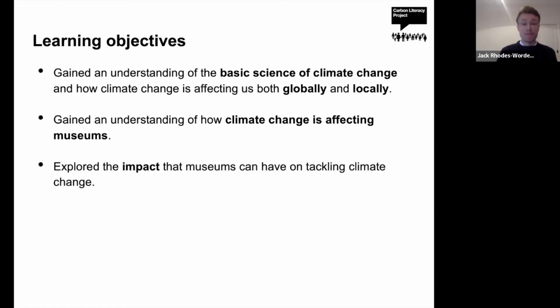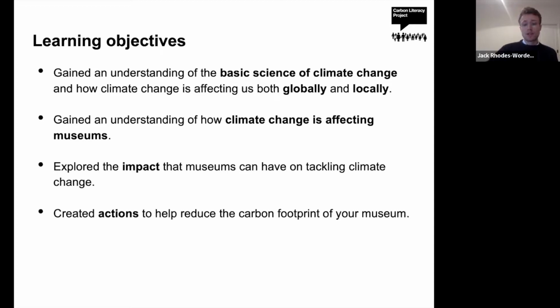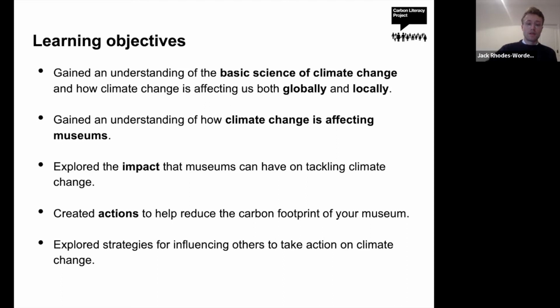They'll have explored the impact that museums can have on tackling climate change. Staff will have created 2 actions, so an individual action and a group action, to help reduce the carbon footprint of your museum. And they will have explored strategies for influencing others to take action on climate change as well.